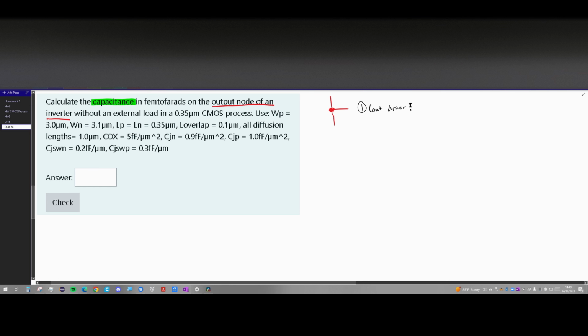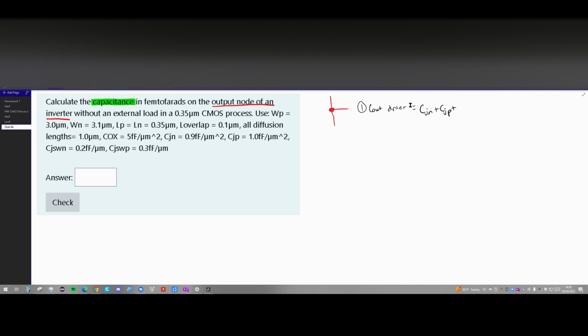We have this equal to our Cjn plus Cjp plus 2 times Cjswn times our Wn plus 2 times Cjswp times our Wp.